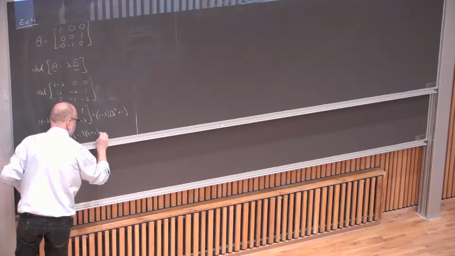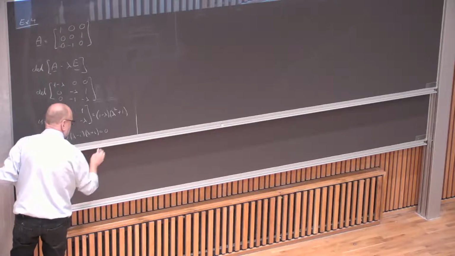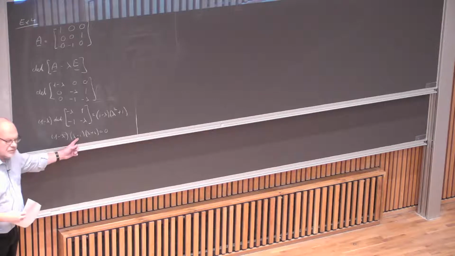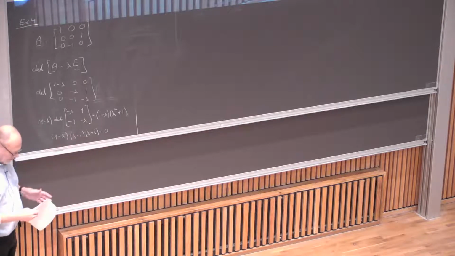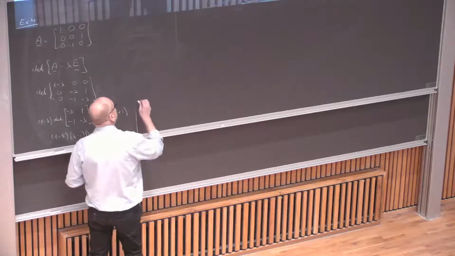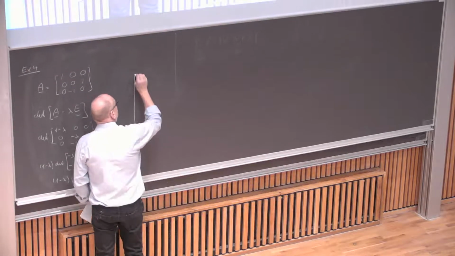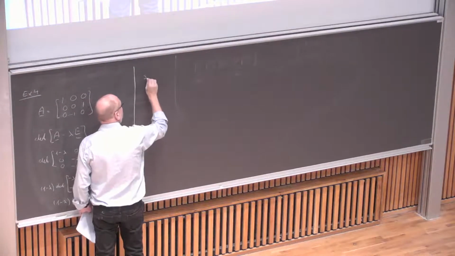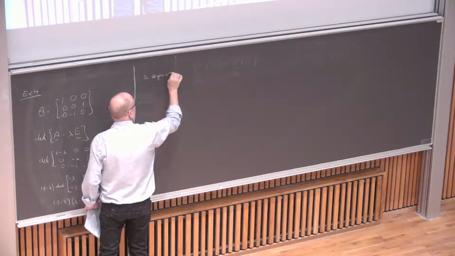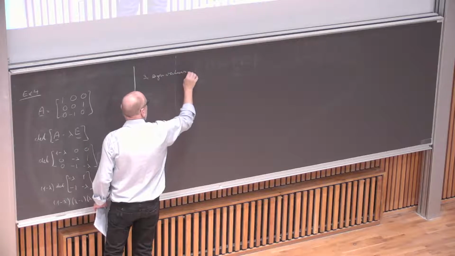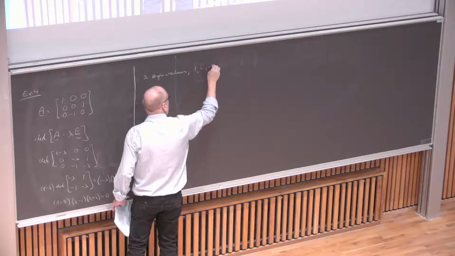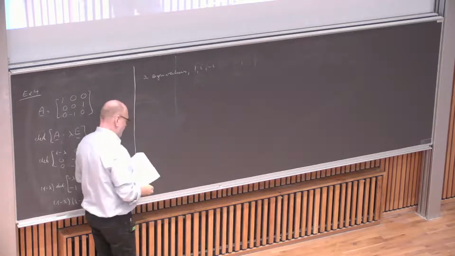So this equal to 0 gives you the three roots, or the three eigenvalues. The eigenvalues are 1, i, and minus i.